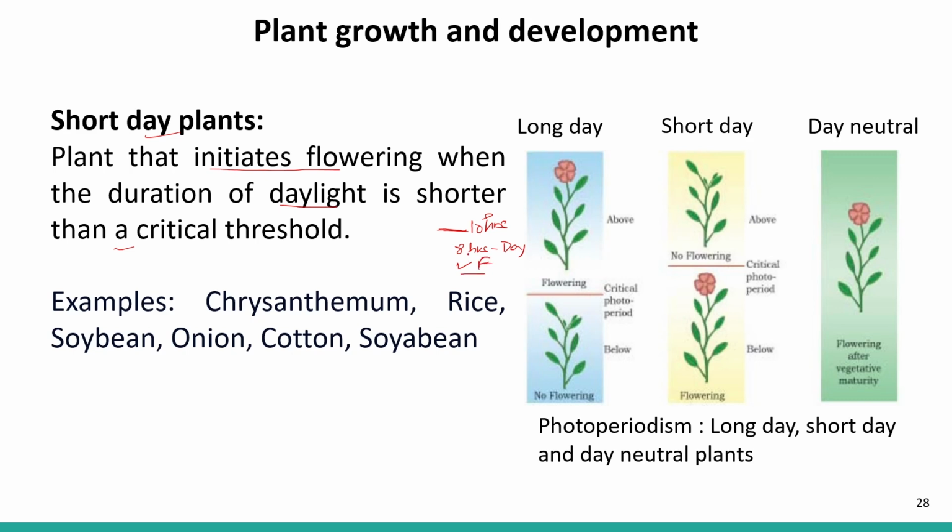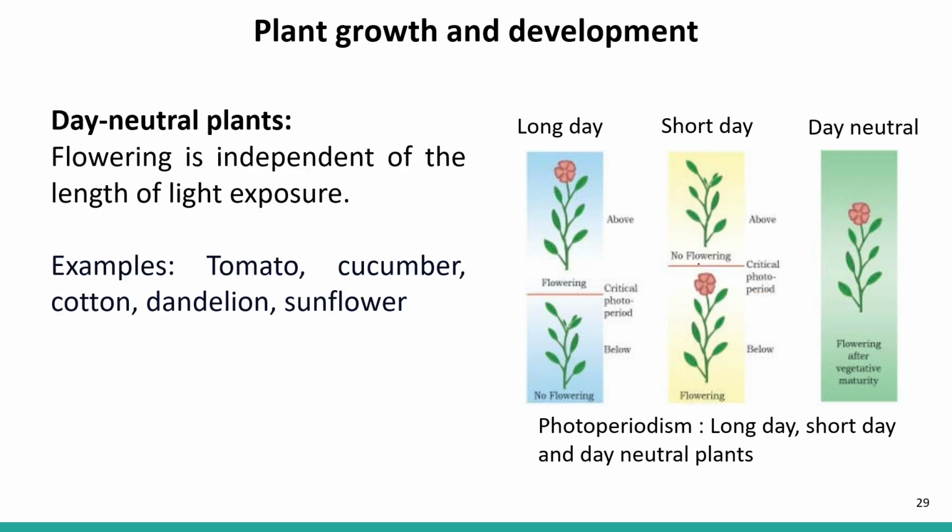Examples are chrysanthemum, rice, soya bean, onion and cotton. So this is the short day plant, and this is the critical photoperiod. They will flower only when the duration of the daylight is less than the critical photoperiod.